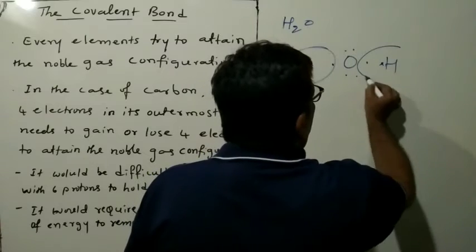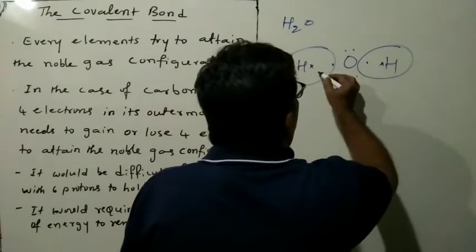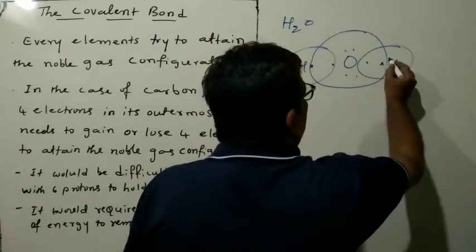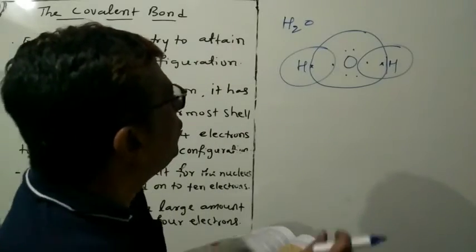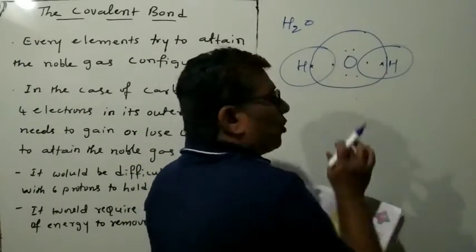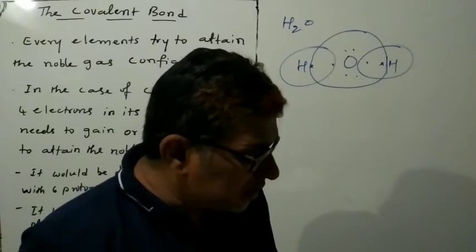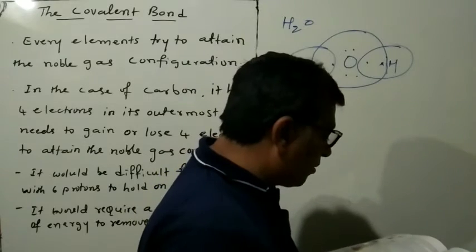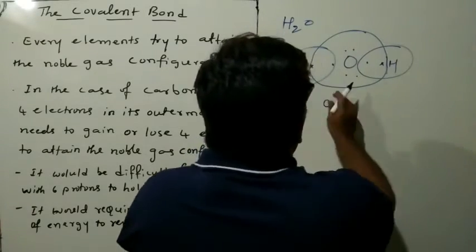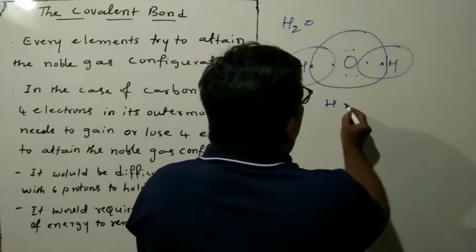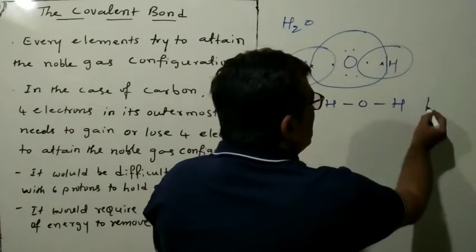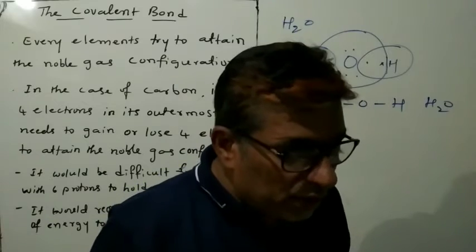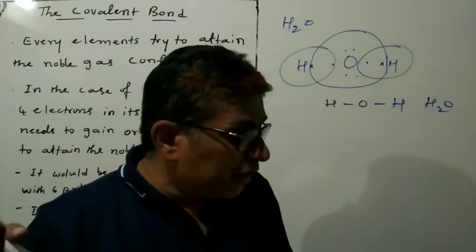So like this and like this. Then oxygen will be like this. Okay. So in this way, 2, 4, 6 and 8. So like this, 8 electrons. So this is the oxygen bond. You know that. See, what is the bond? Oxygen hydrogen bond. So like this way, this is H2O. Okay, so like this way, you got the electron dot structure of water.